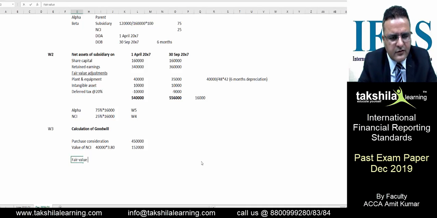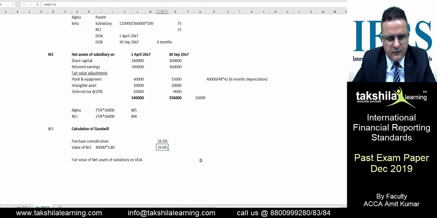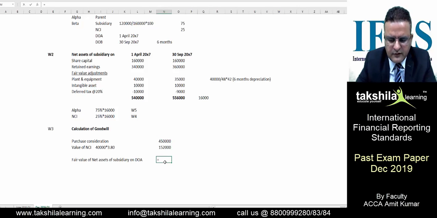Fair value of net assets of subsidiary on date of acquisition is equal to net assets on date of acquisition was 5,40,000.